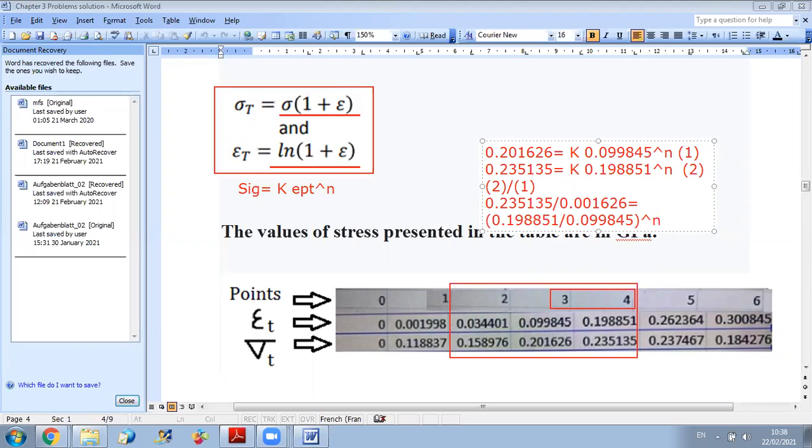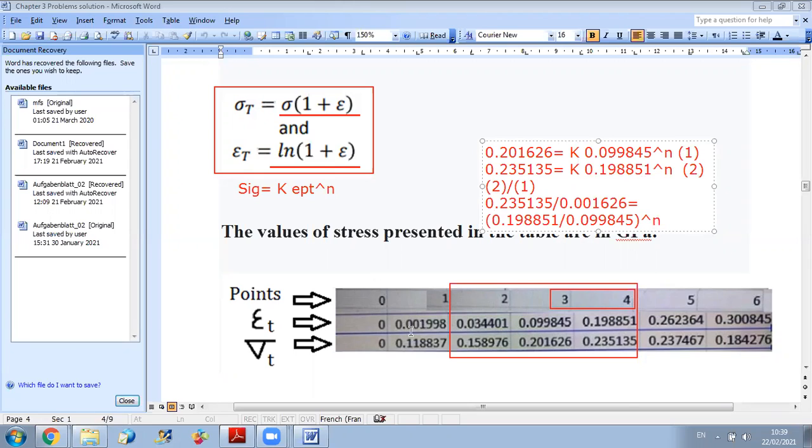So in this equation, the only unknown is what? The only unknown is n. I can calculate the value of n. And once I get n, I can replace back in equation 1 or in equation 2 to get the value of k. And the unit of k will be the same unit of sigma.